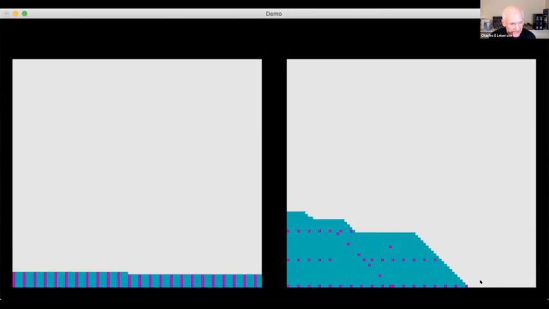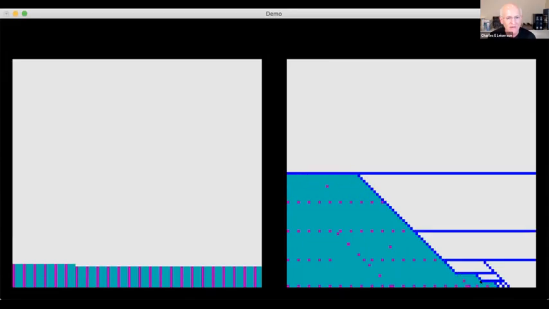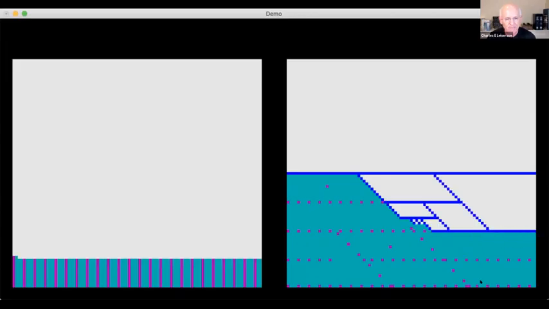And I can toggle the display of cuts. These are the cuts that the algorithm is doing. It finishes the lower part, that was a space cut there. And then it does a bunch of time cuts to get down to something that it can operate on.